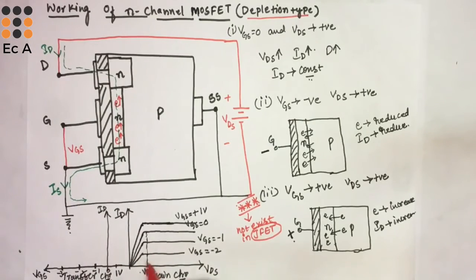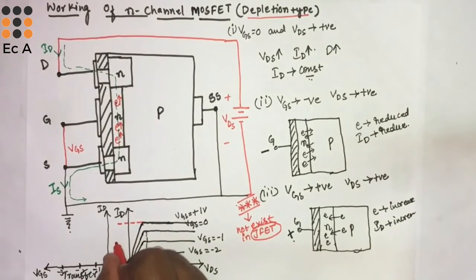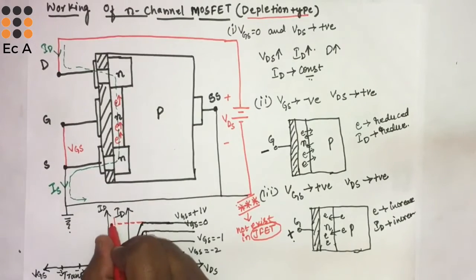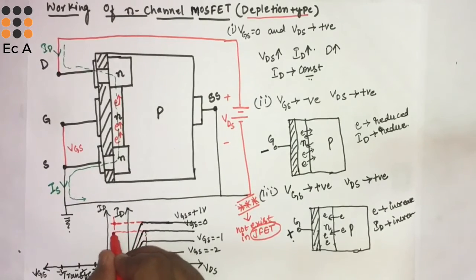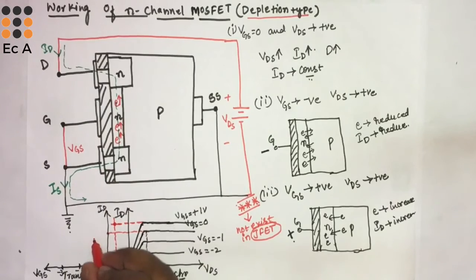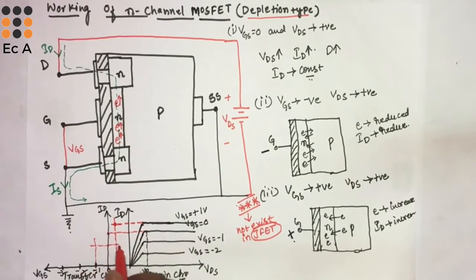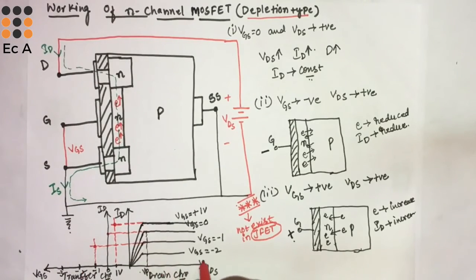So just draw the horizontal line for 1 volt. This is the vertical line here, horizontal line, we got the point here. Again for VGS equal to 0, we will get a point here. For -1, draw the vertical line, draw the horizontal line, we will get one more point here.